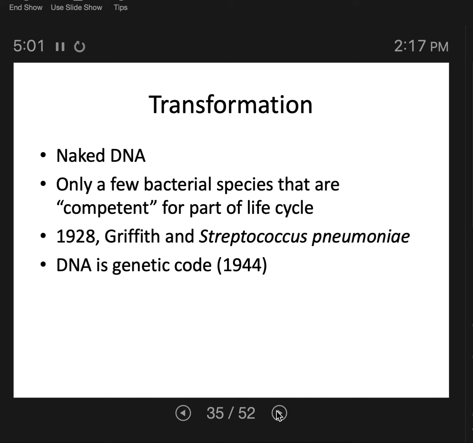So what Griffith was doing is he was trying to find a vaccine for Streptococcus pneumoniae. He was creating non-virulent strains or dead cultures of strep and inoculating mice with them to see if that would make the mice immune to a virulent, dangerous version of strep.